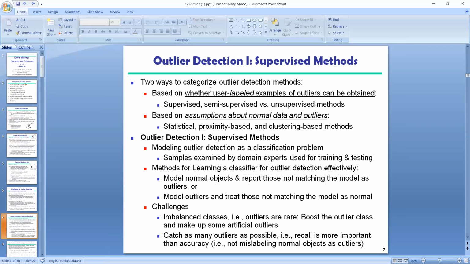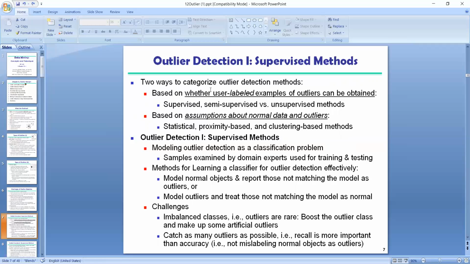Now we will see the outlier detection methods. What are the different outlier detection methods? We can classify outlier detection methods in two ways. One is based on whether users have labeled examples of outliers. This can be classified into supervised, semi-supervised and unsupervised methods.